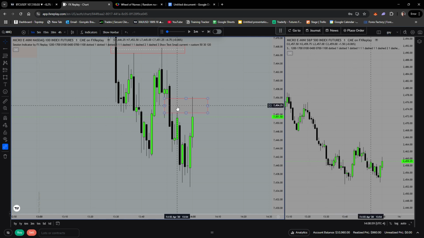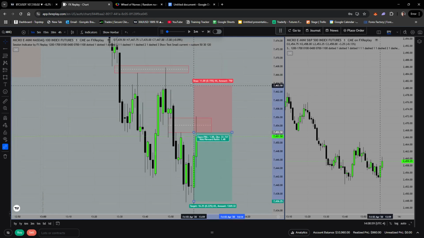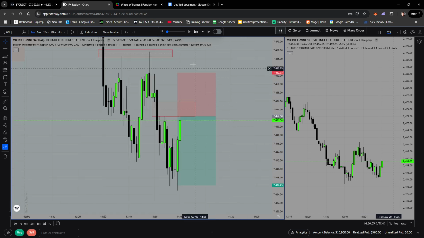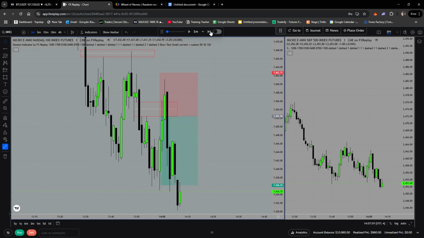I want price to actually tap into the bearish gap and then show me a volume imbalance. Here, we can use this to enter from the gap, but with a volume imbalance and order flow, it just doesn't make sense because we may as well try and enter off the equal highs, anticipating them to go lower. I'm not going to do so because we didn't do that already.